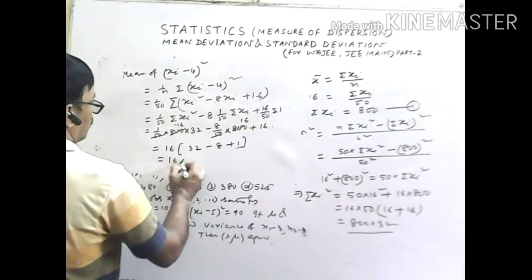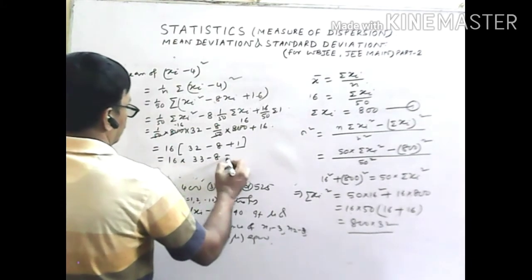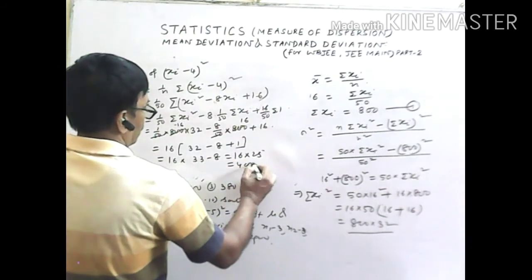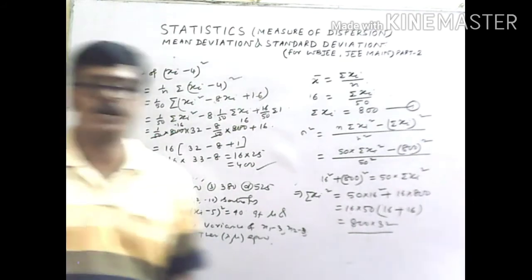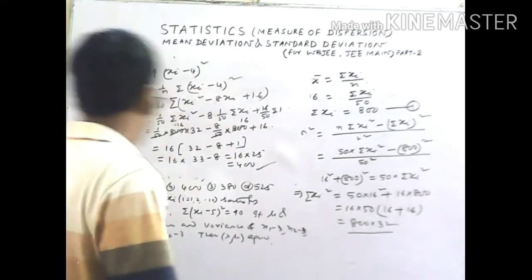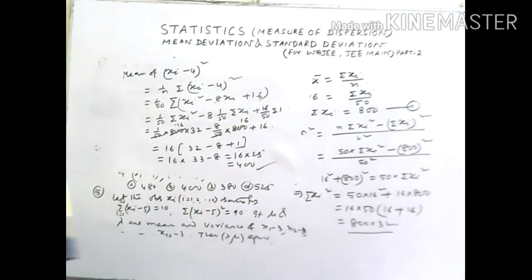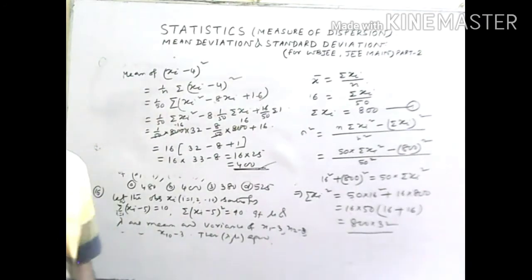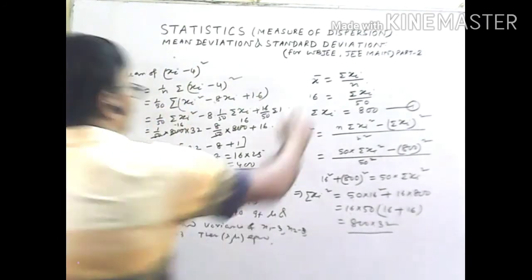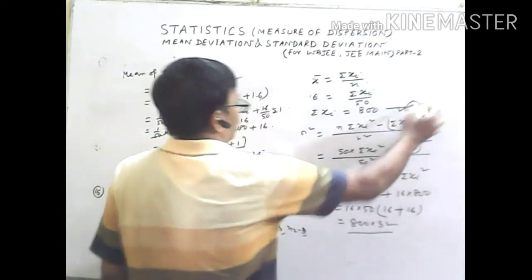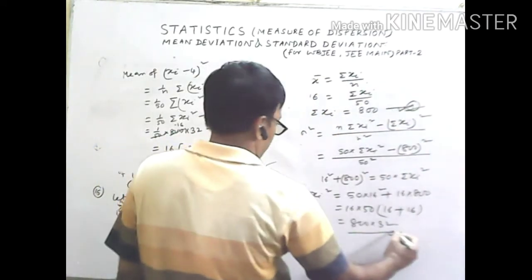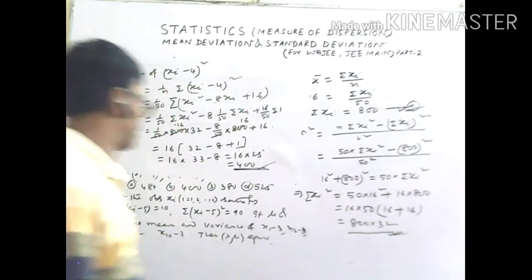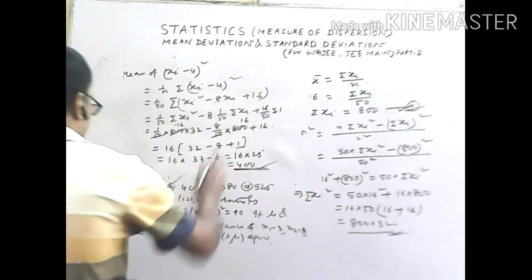So 16 into 33 minus 8, so 16 into 25, so 400. So what is the new mean with respect to the variable? We get this as 400. So 400 is answer B.